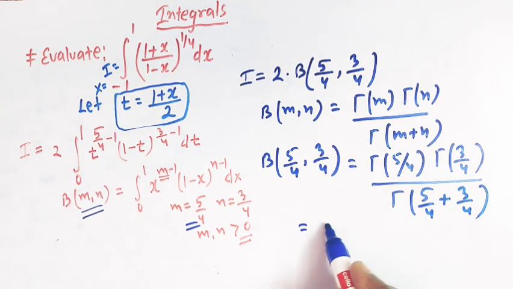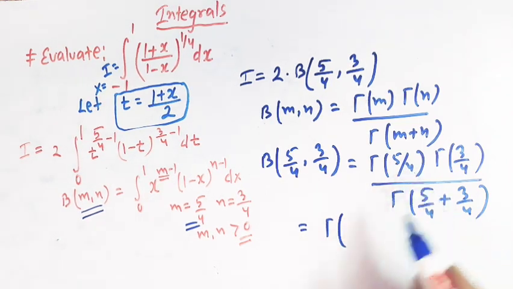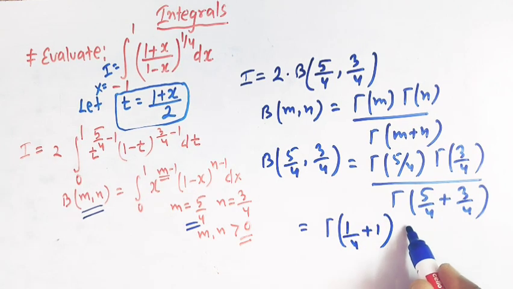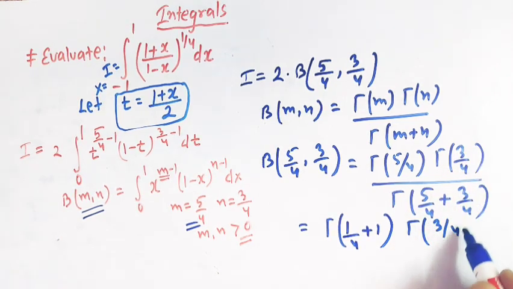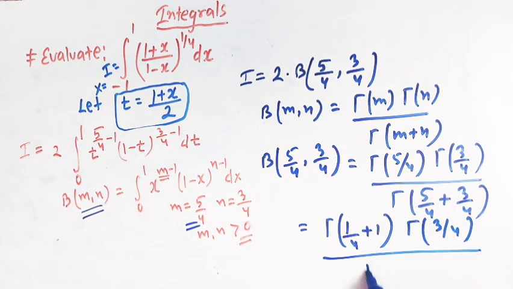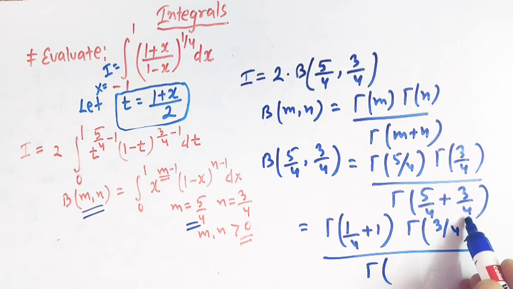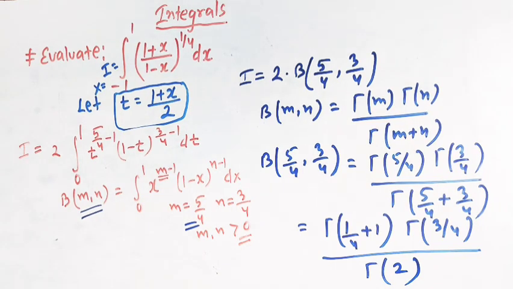Okay, so now we have gamma of 5 by 4. So 5 by 4 can be written as 1 over 4 plus 1, and here we have gamma of 3 by 4, and here we have gamma of 5 plus 3 is 8, 8 divided by 4 is 2, right?